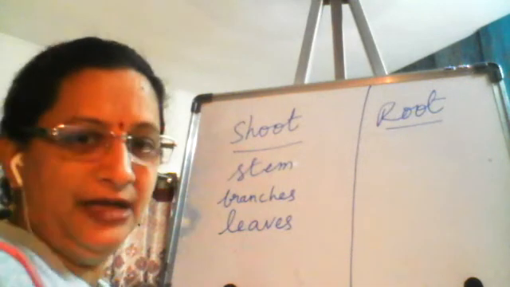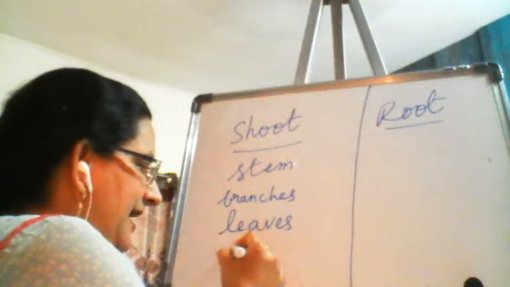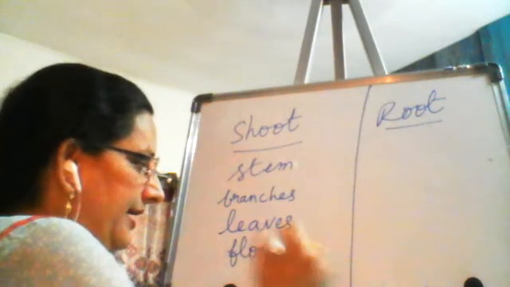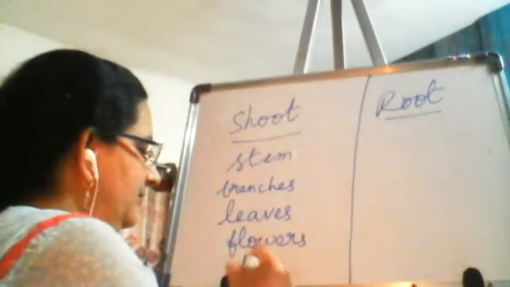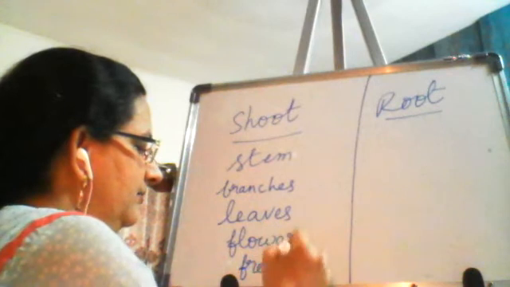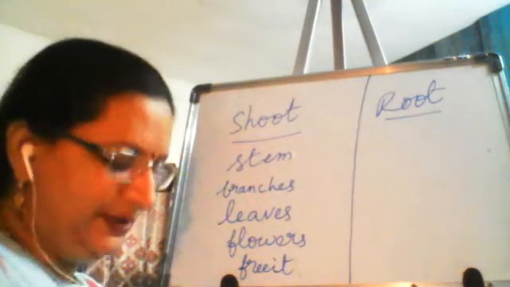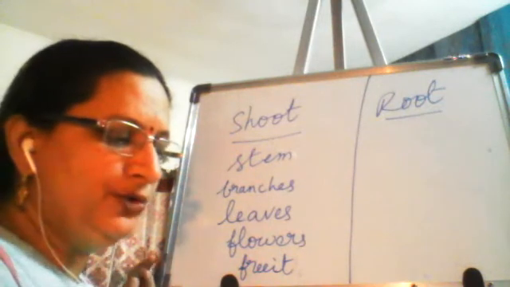Very good. And after the leaves, what do we have? We have flowers, F-L-O-W-E-R-S. And we also have fruit, the flower which grows into the fruit. So this is the whole thing that is present in the shoot system.